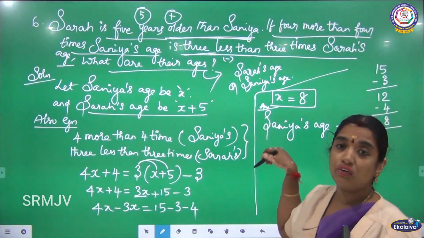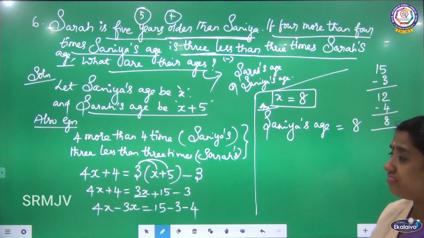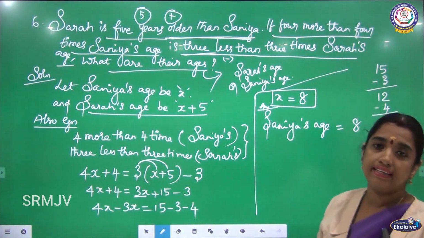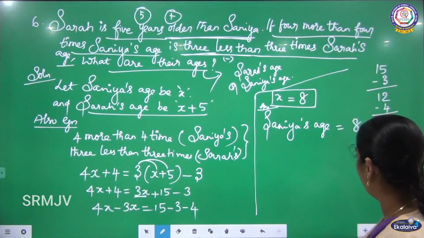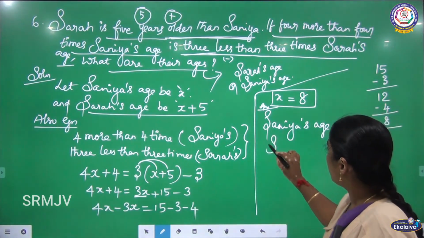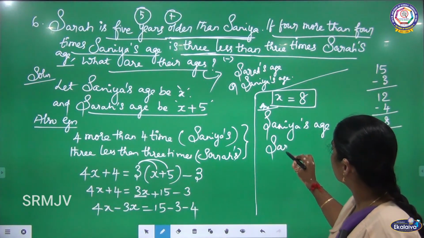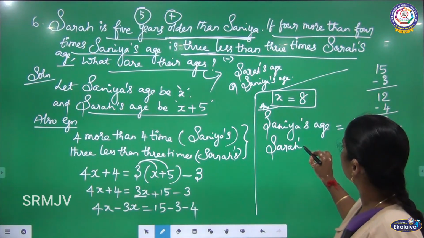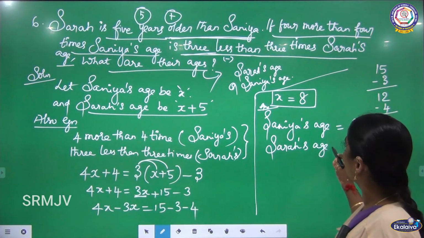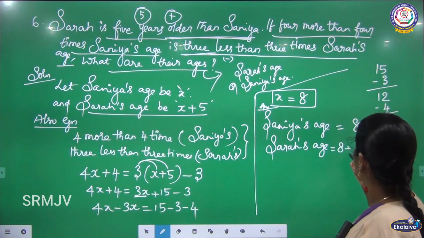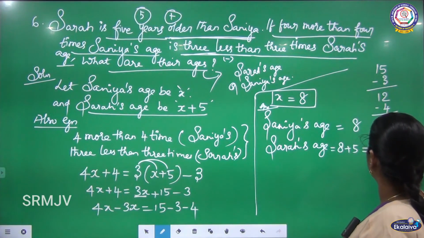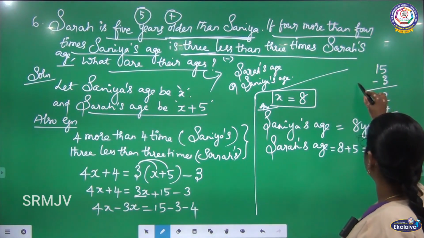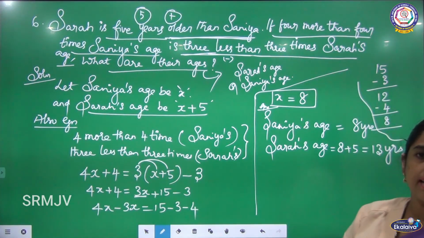So here I am going to add 5. Once I add 5 to this 8, I can get Sarah's age. Got it? Now Sarah's age is equal to 8 plus 5, which is what? 13 years, and this is 8 years. Can you understand this?